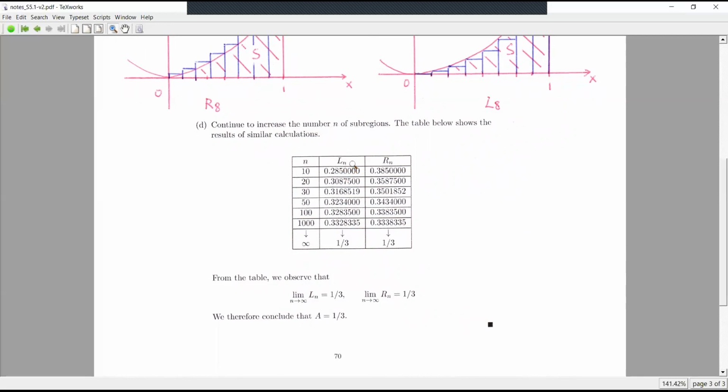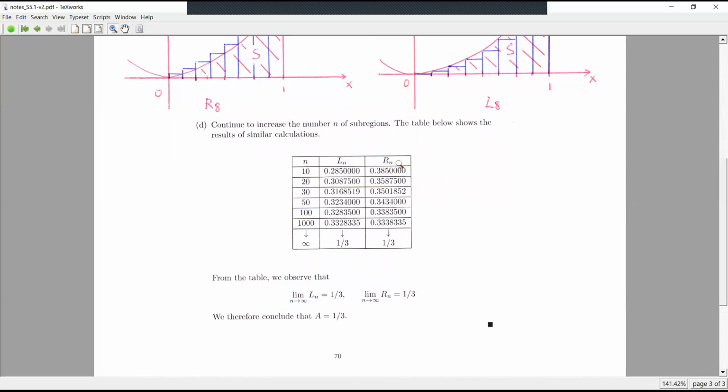Ln means the sum of the areas of the n rectangles. Those rectangles are built by using function values at the left endpoints of subintervals as height. And Rn, the third column, is the sum of the areas of the n rectangles.